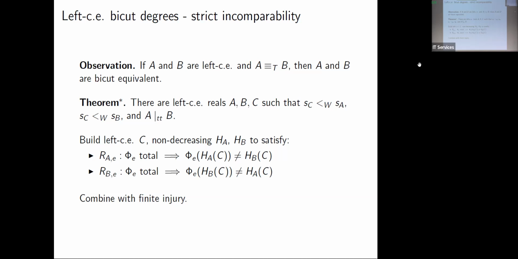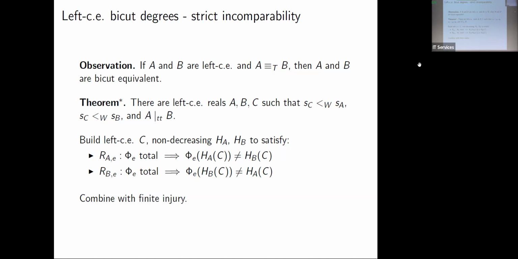The interesting thing about the Left-c.e. reals is that if A and B are Left-c.e. and in the same Turing degree, then they're already Bicut equivalent. For Left-c.e. reals, the left part of each of them is just computably enumerable, so they're automatically left-cut equivalent, because you can just enumerate each of them.